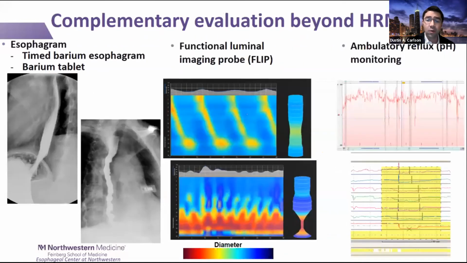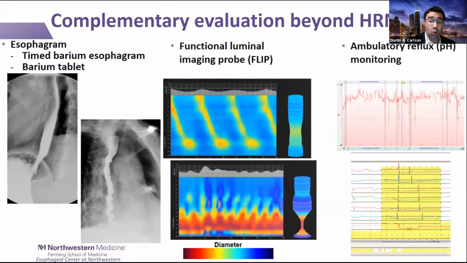However, ultimately, it's also important to recognize that high-resolution manometry may not be the end of the road in the patient evaluation to reach a conclusive and clinically relevant diagnosis. And in scenarios where HRM findings or classifications are inconclusive, complementary testing with modalities beyond high-resolution manometry may be essential.